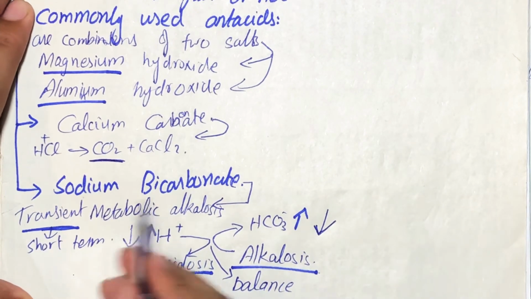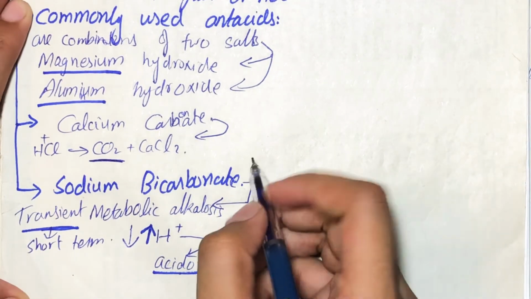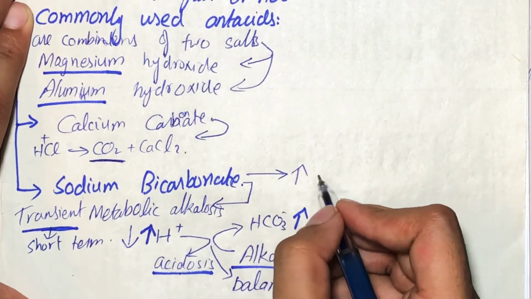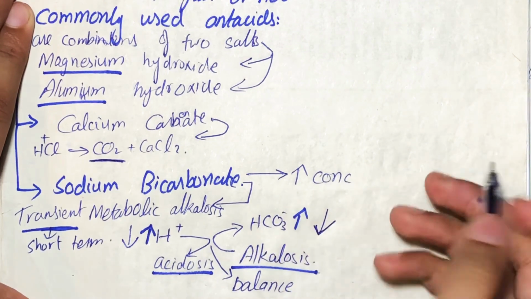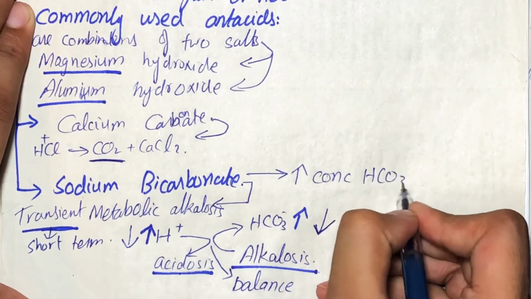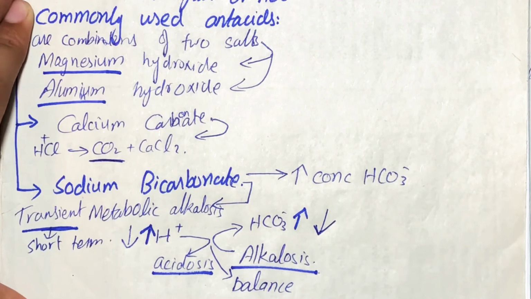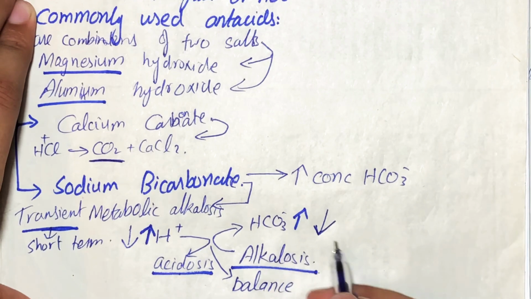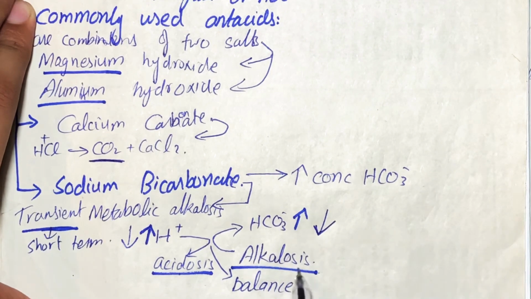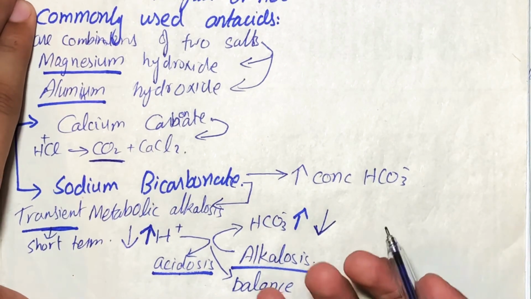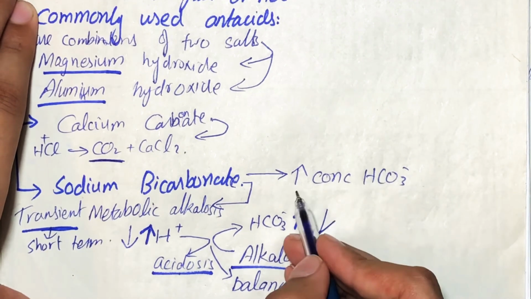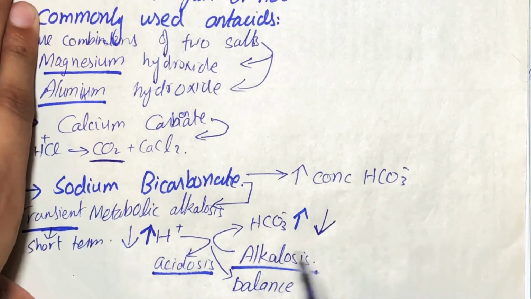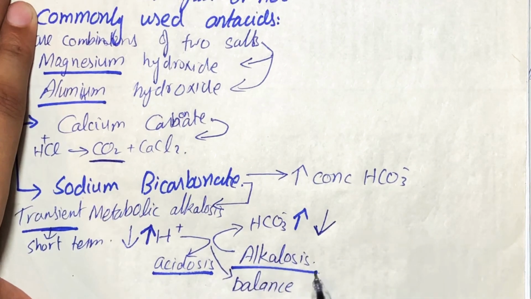So when we use sodium bicarbonate as antacid, this bicarbonate increases the normal concentration of bicarbonate ions inside the body. So in this way this balance will be disturbed, and when there is disturbance in this balance, either of the conditions will appear depending upon the ions which is being increased. So in this case, there is increase of bicarbonate ion which is causing alkalosis.